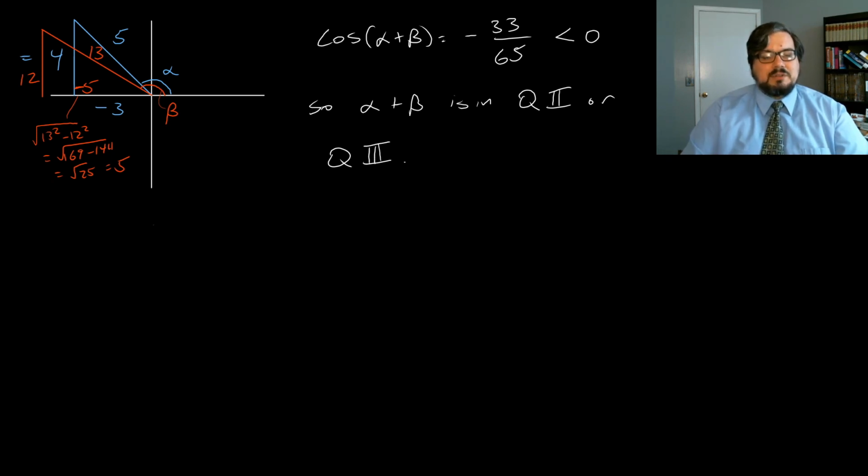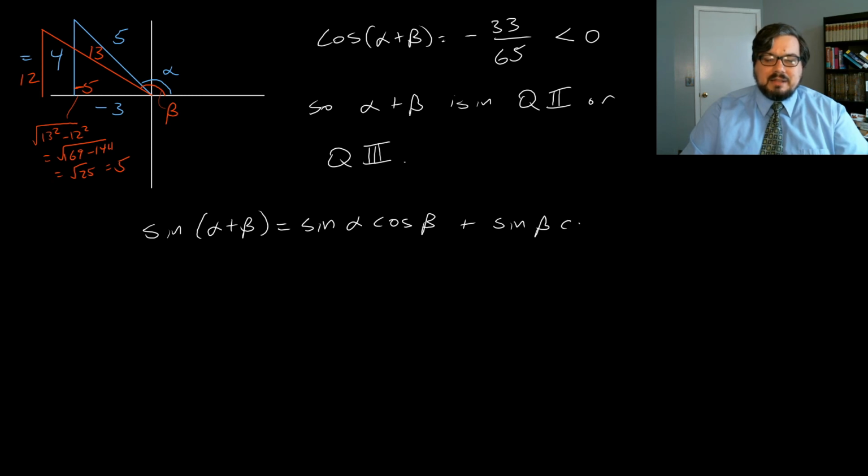So let's work out sine of alpha plus beta to figure out which one it is. Sine of alpha plus beta is sine of alpha times cosine beta plus sine of beta times cosine of alpha. And given that we already have all this information, we can just read these off of the diagram.